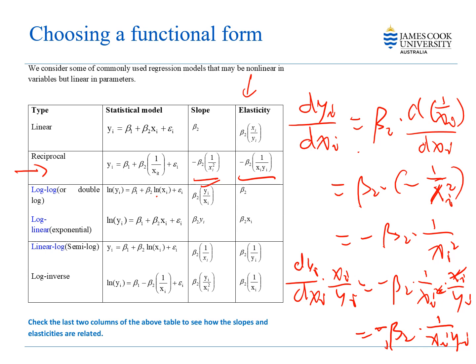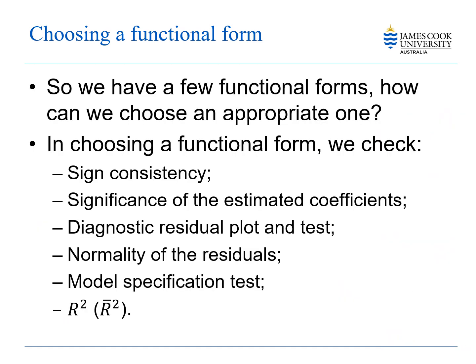Okay, so this table summarizes the different functional forms, the marginal effect, and the corresponding elasticity formula. Now we have a few functional forms. How can we choose an appropriate one? In choosing a functional form, we check sign consistency.